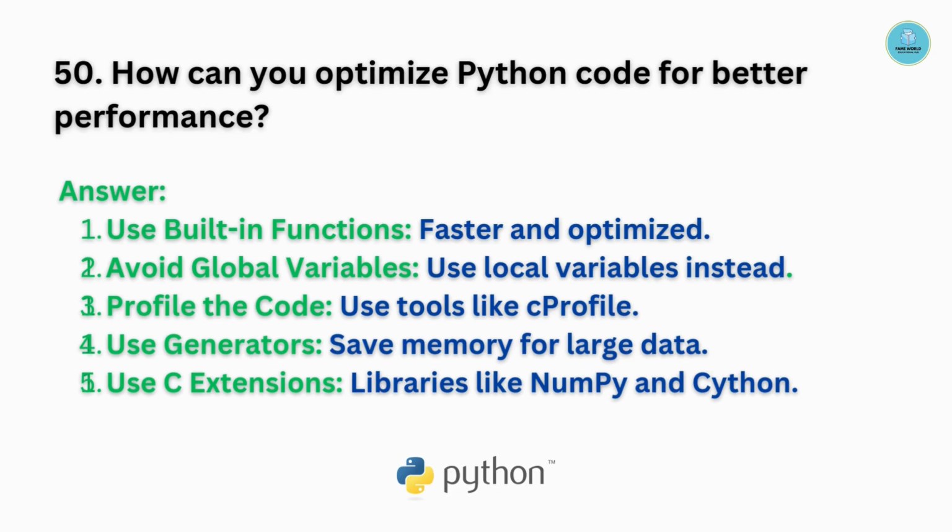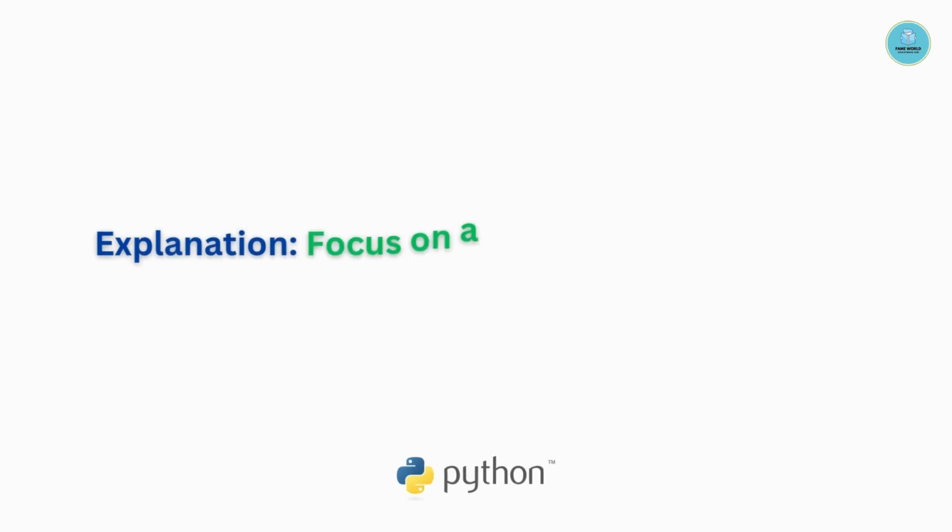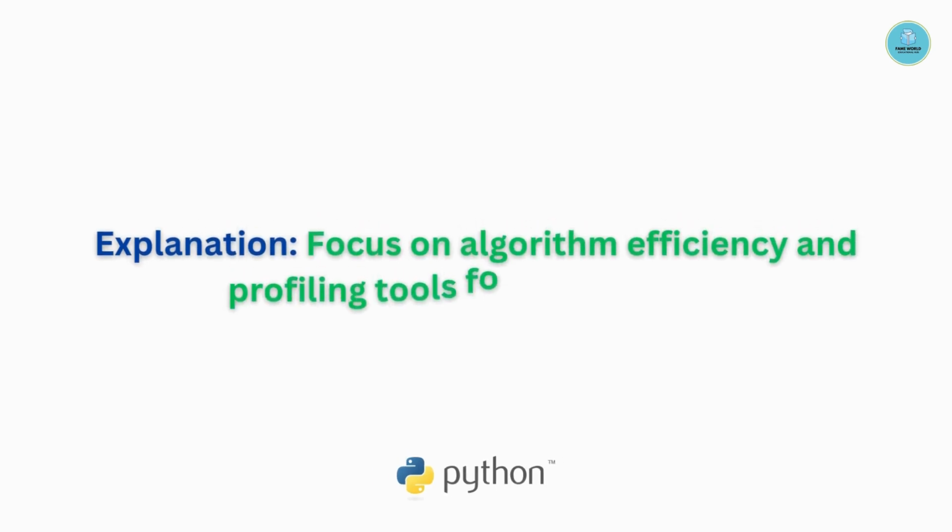Profile the code. Use tools like cProfile. Use generators. Save memory for large data. Use C extensions, libraries like NumPy and Cython. Example is as follows. Focus on algorithm efficiency and profiling tools for bottlenecks.